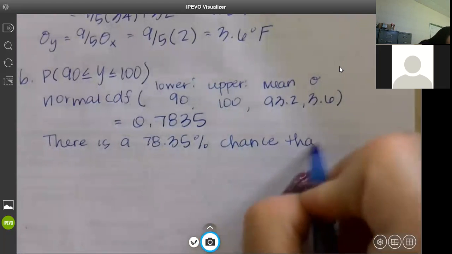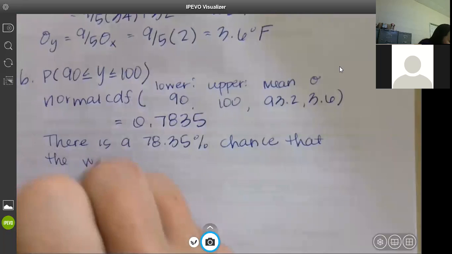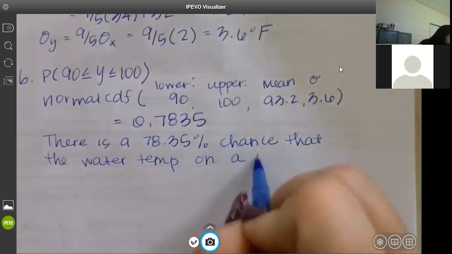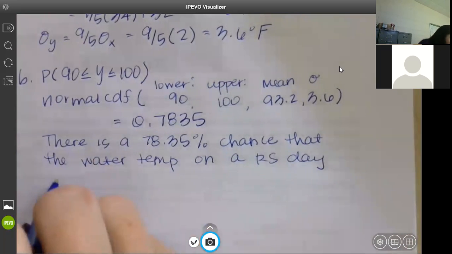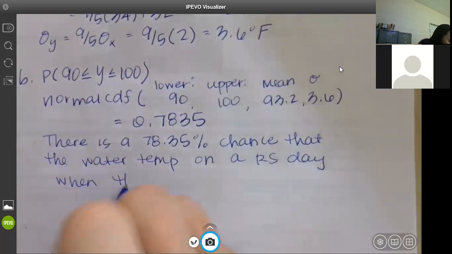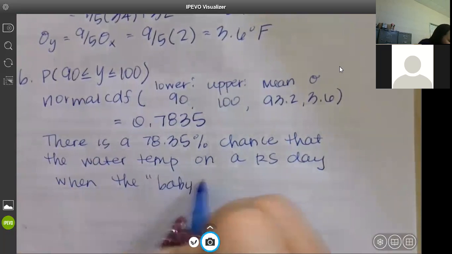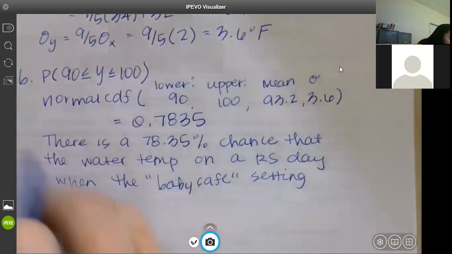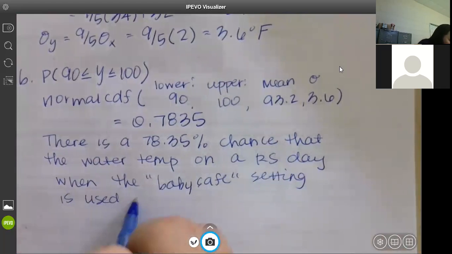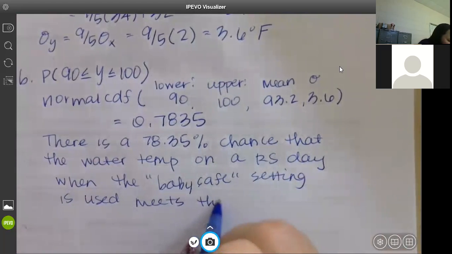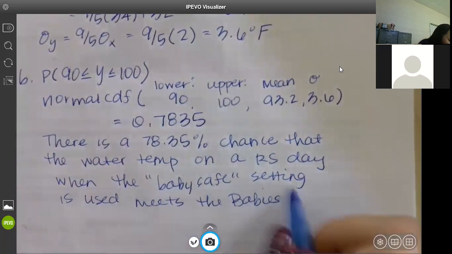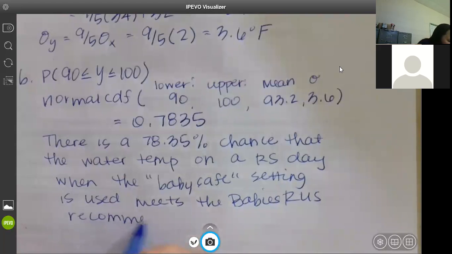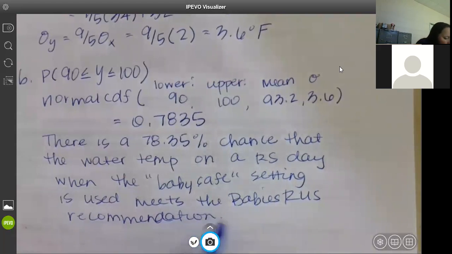It's right there: the water temperature on a randomly selected day when the baby safe setting is used meets the Babies R Us recommendation. I know it sucks to write all this, but that's exactly what they want. And that's it.